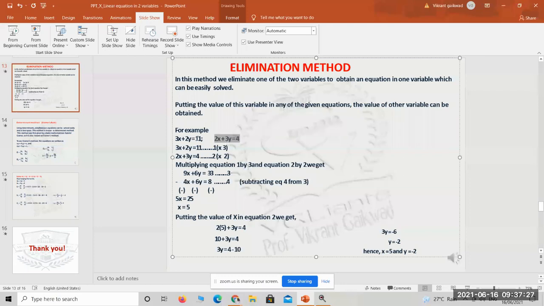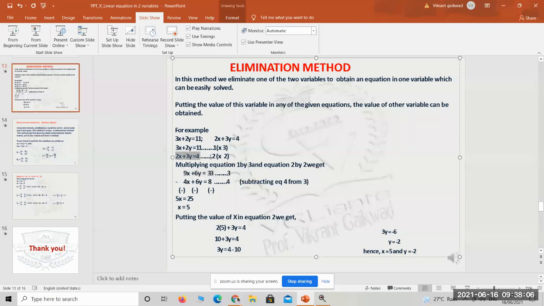So what we try to do is make either the coefficient of x the same or the coefficient of y the same. In this condition, we multiply the equations with a number. When you multiply the first equation with 3, your equation becomes 9x plus 6y equals 33.